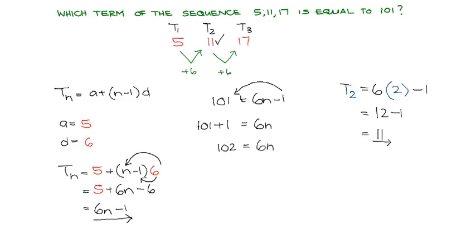We want to get n just by itself, so we're going to divide by 6. Always dividing by the number in front of the variable. So the 6's cancel out, giving us n, and 6 goes into 102 17 times. Therefore, term 17 is equal to 101.